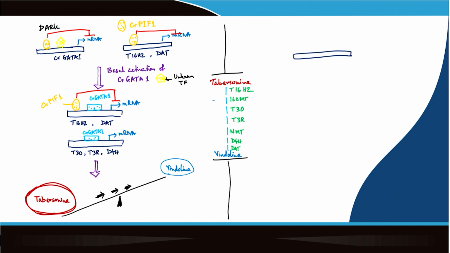Okay. This is CrGATA1. So, unknown transcription factors bind, and this leads to transcription. And what happens here?